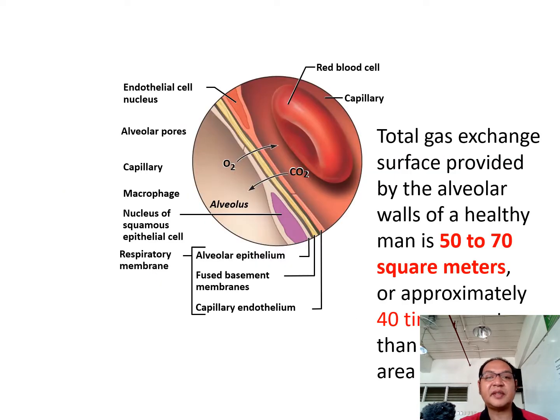If you look at here, this is the gas blood barrier, or air blood barrier. In between the blood vessel and the alveoli, there is what we call the blood gas barrier, or air blood barrier.